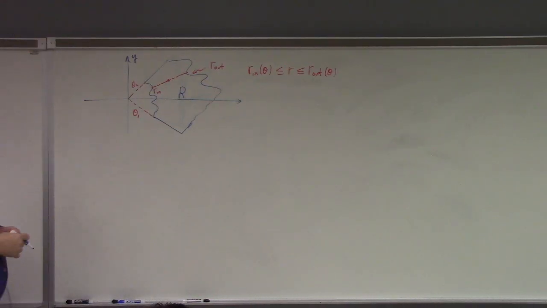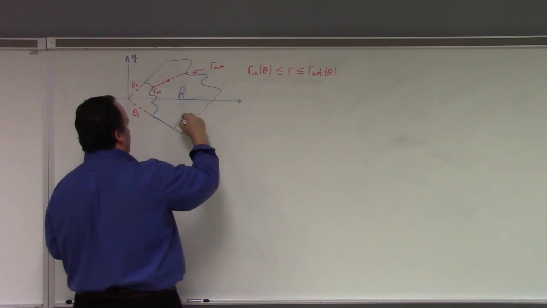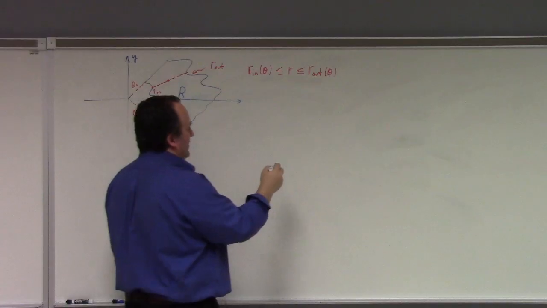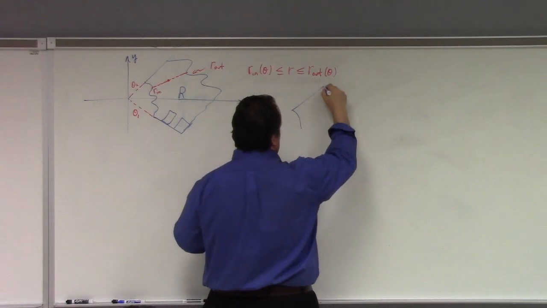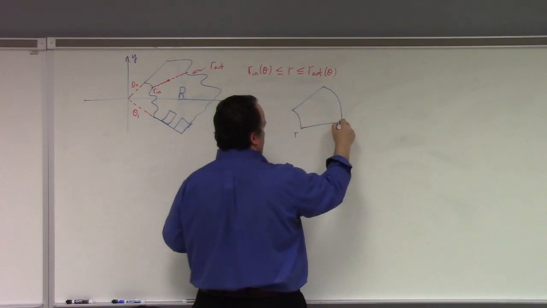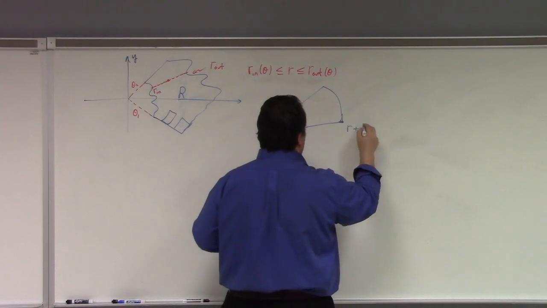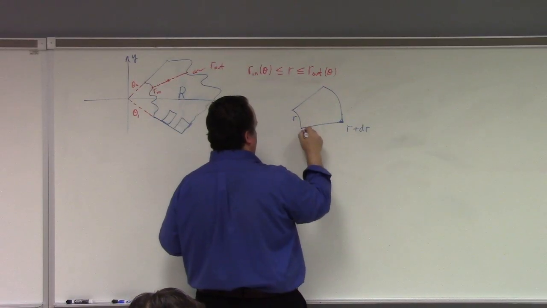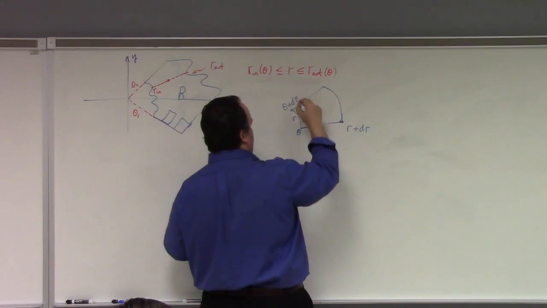If we think about chopping this up into a bunch of little slices, let me blow it up for a second here. If we think about a typical region, we're going from, say, r over here to r plus dr, and this is at r and this is at theta, and then over here, theta plus d theta, right?